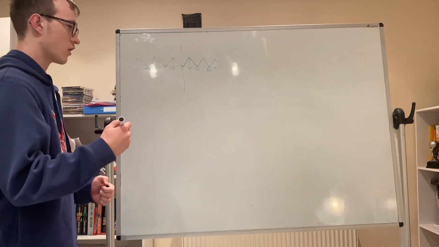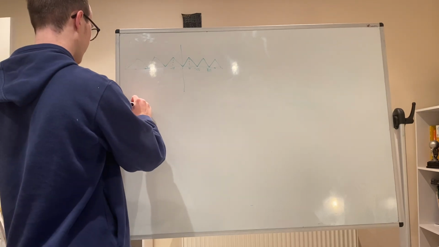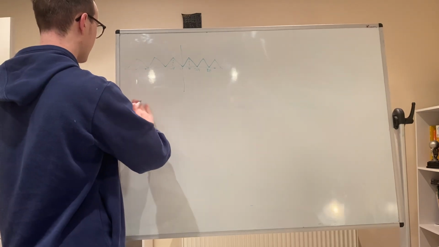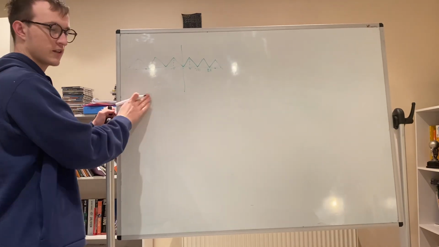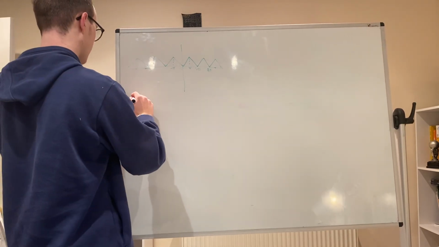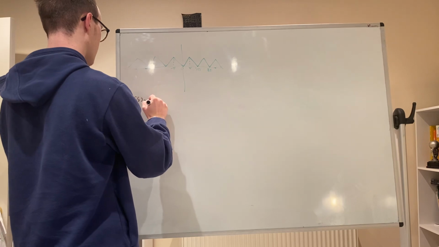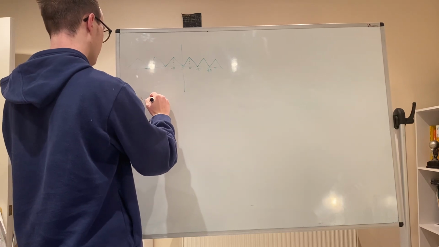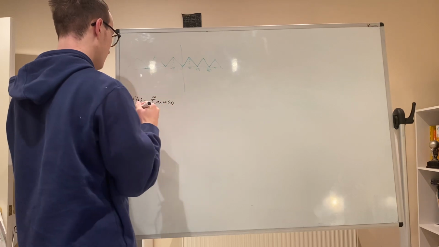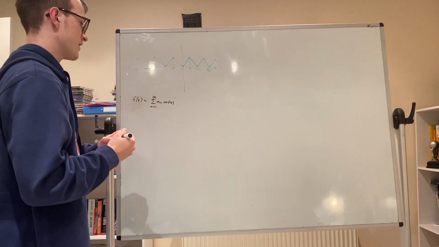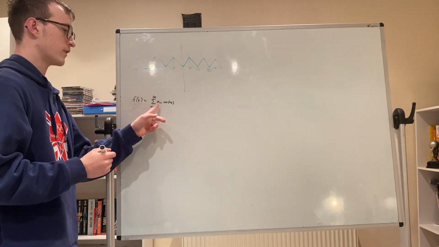For the coefficients an, note that this function is even, and so it will just be a sum of cosines. We're going to write f of x equals a0 plus the sum from n equals 1 to infinity of an times cosine of nx. We want to find these coefficients an.